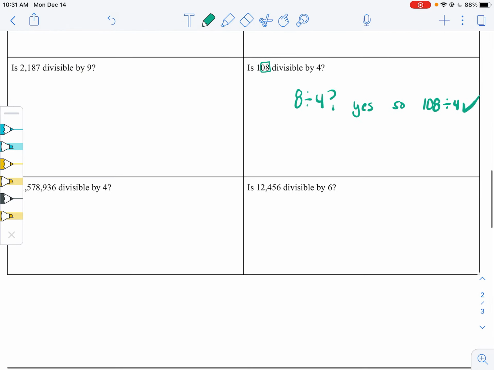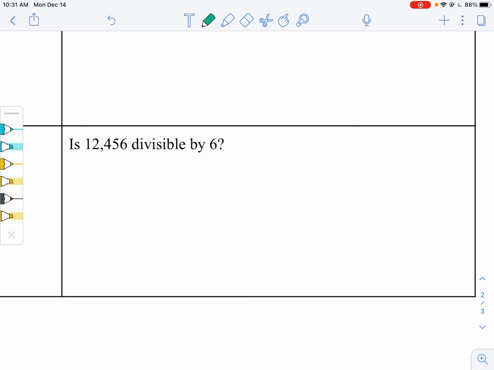The last one I want to do together is divisibility by 6. Is 12,456 divisible by 6? Our rule: is it divisible by 2, and is it divisible by 3? If it's yes for both, then it's divisible by 6. If we have one no, then it's not divisible by 6. Is 12,456 divisible by 2? Our rule for 2 is if the last digit is 0, 2, 4, 6, or 8. So yes, because it's an even number.